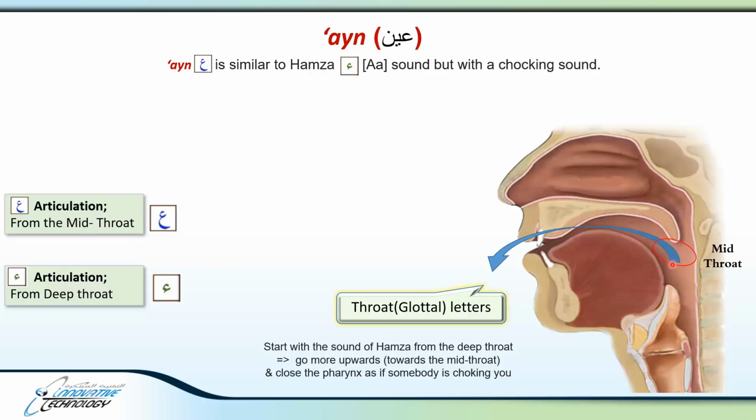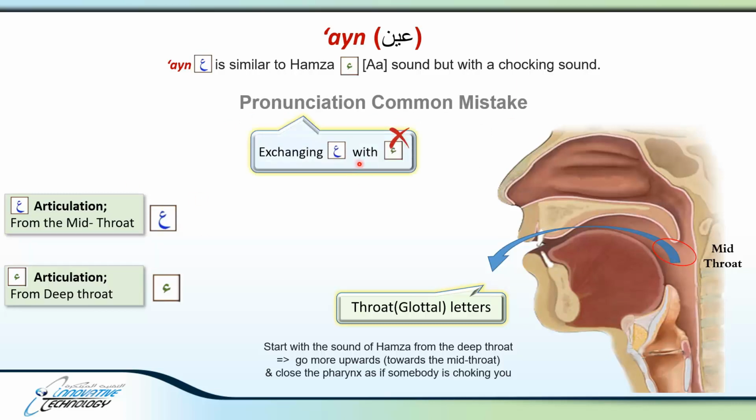From mid-throat. So the common pronunciation mistake is to exchange the ayn with the hamza. For example, ya'mal, which is a verb meaning to work. Now, if we exchange the ayn in ya'mal with the hamza, it becomes ya'mal with a hamza, which has a totally different meaning.